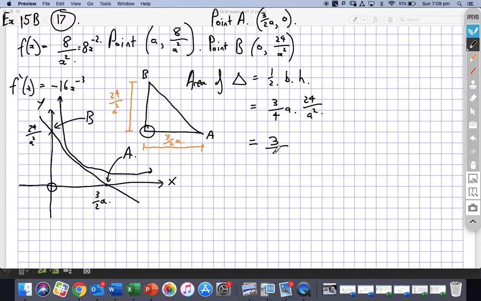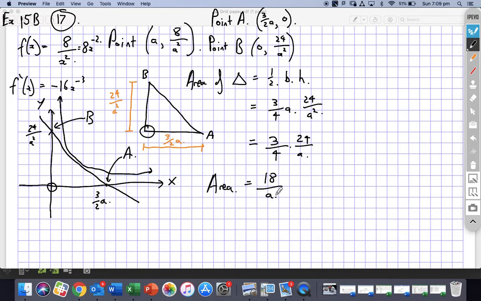Let's just deal with the a's first. 3/4 times 24 on a. Now we'll cancel the 24 and the 4, so I'll be left with a 6 here. So I'll have 18 on a as my area.